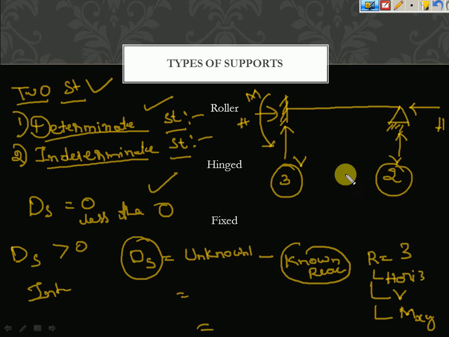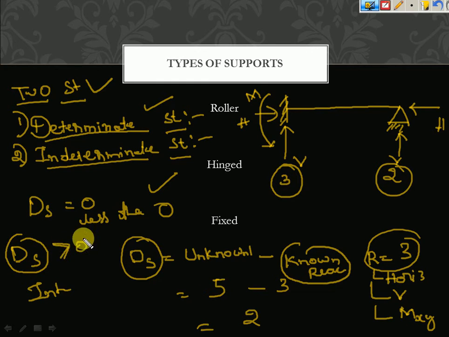So the total number of reactions is 3 plus 2, that is 5. What is the number of known reactions? That is 3. 5 minus 3 is 2. So the degree of static determinacy is more than 0, so it can be concluded as an indeterminate structure. In strength of materials we will study only determinate structures.